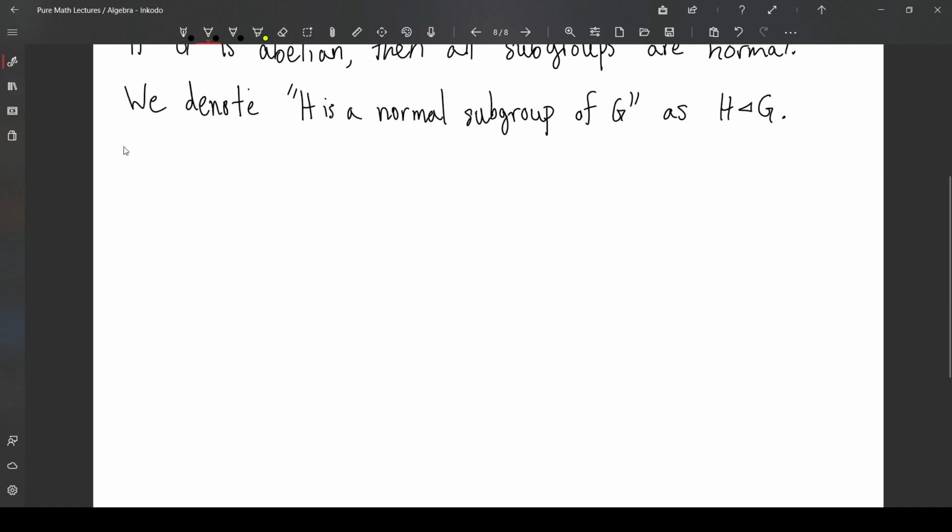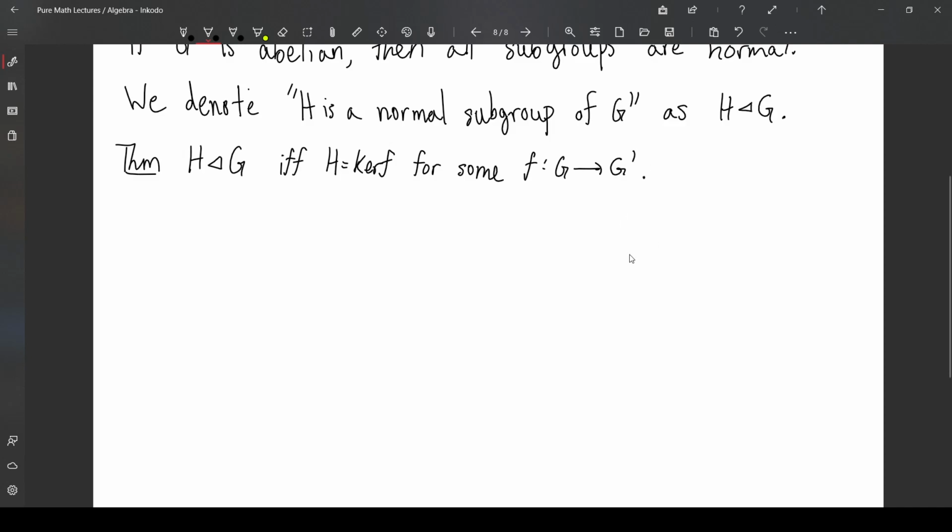Okay, so the first theorem we're going to prove about normal subgroups is actually kind of a surprising result. It says that H is a normal subgroup of G if and only if H is equal to the kernel of some group homomorphism with G as the domain.